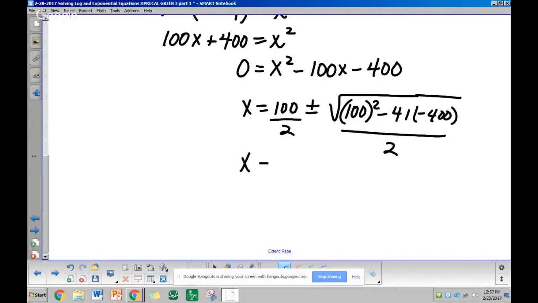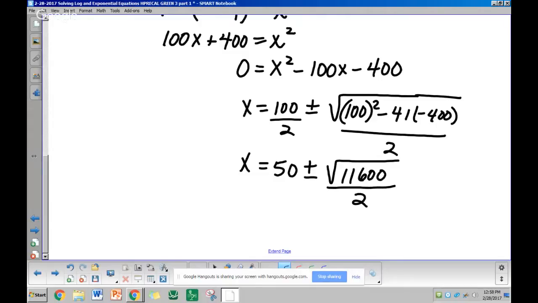And then x equals 50 plus or minus the square root of, this is 100, this is 11,600. Can somebody do that on the calculator? Before you take the square root, is it 11,600? Yes. 11,600. Square root of that, over 2.